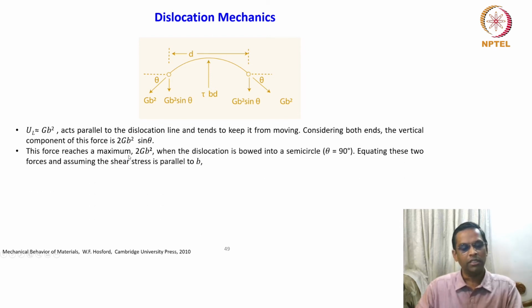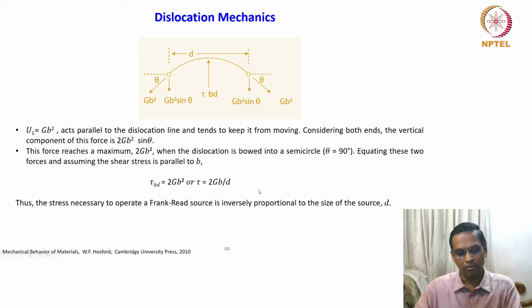The force reaches a maximum of 2 G b squared when the dislocation is bowed into a semicircle, that is, theta equals 90 degrees. Equating these two forces and assuming the shear stress is parallel to b, we get tau b D equals 2 G b squared. It's nothing but tau equals 2 G b by D. It is the same equation we derived in the last class.